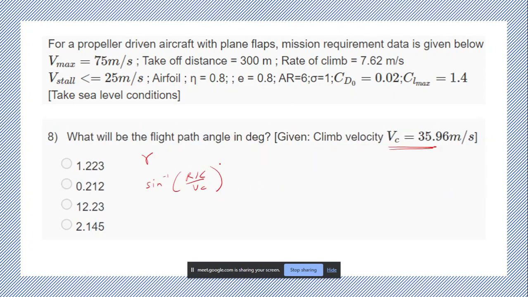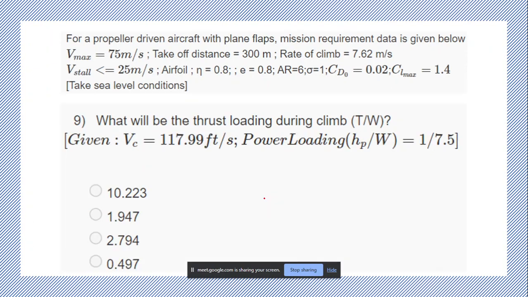It was 0.212. So sine inverse of 0.212, in degrees, how much is it? Yes, 12.23 degrees. Okay.